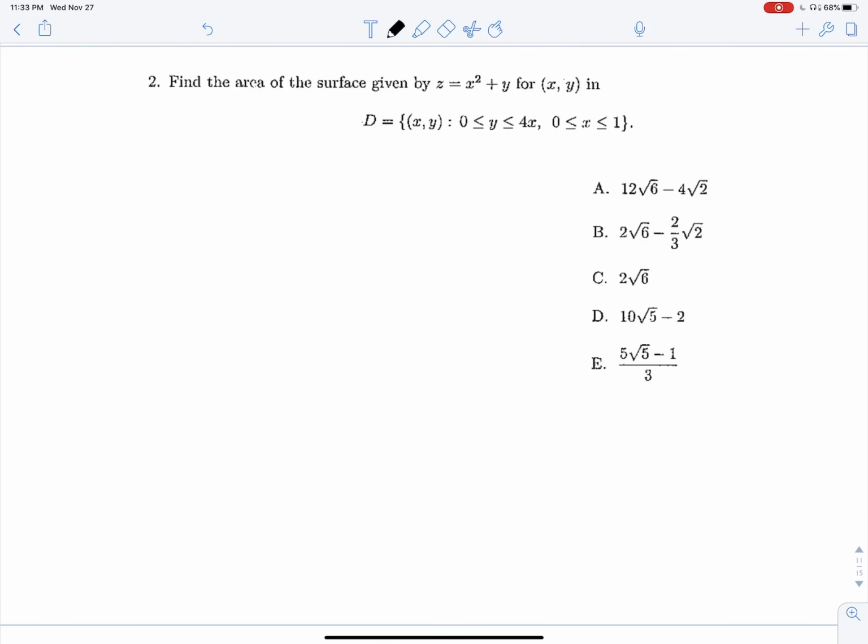Okay, let's find the area of this surface given by z equals x squared plus y on all this over here. So this is getting to the end of these sets of questions. I like to kind of speed things up a bit, like you would feel like doing in an actual exam.